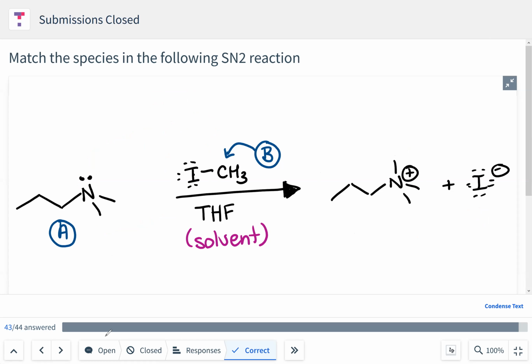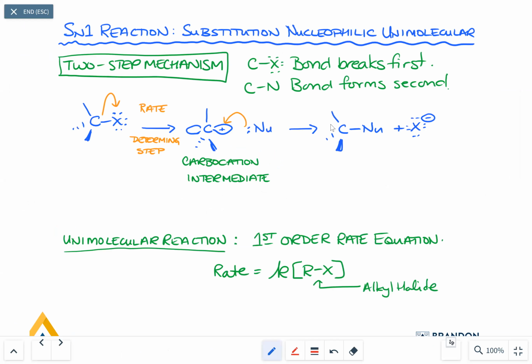All right, now the next thing we were going to do is, there's basically two types of substitution reactions that we're going to look at, these nucleophilic substitution reactions, which take place on sp3 hybridized carbons.